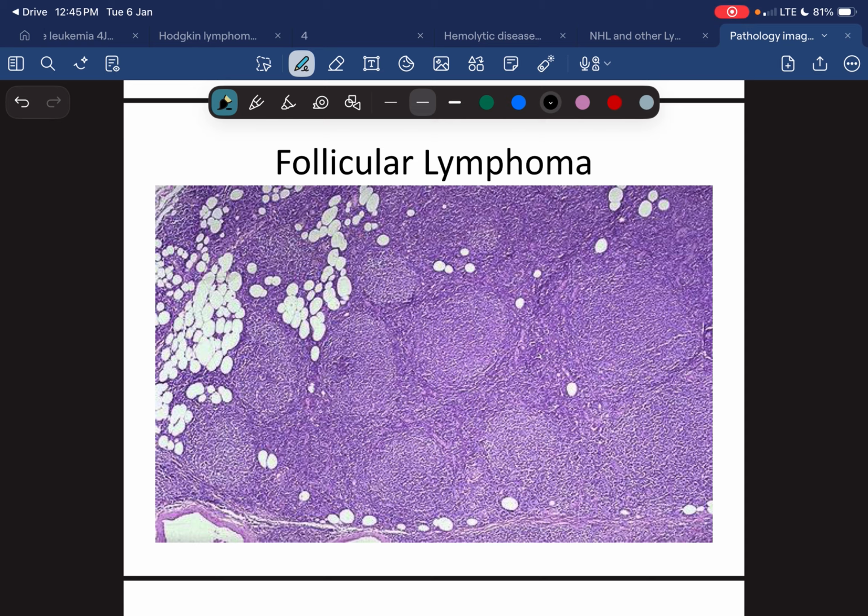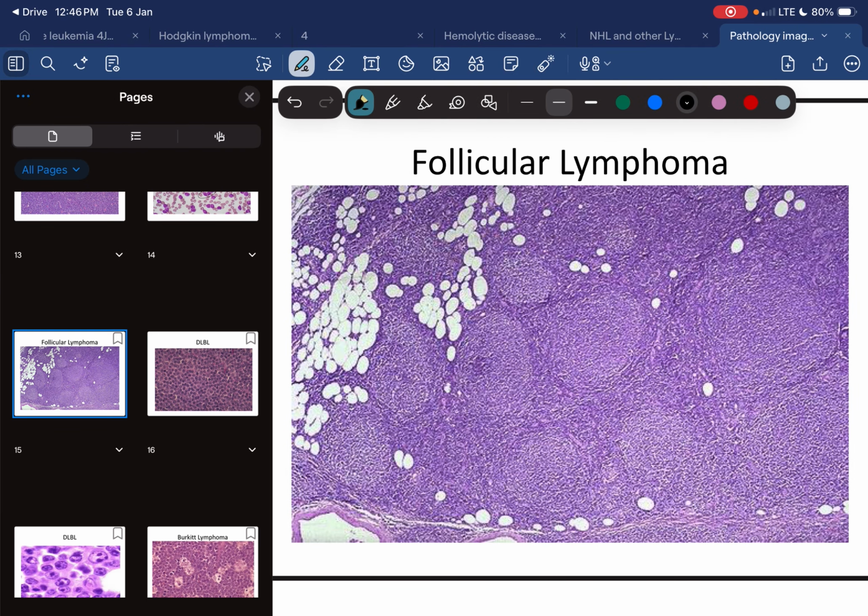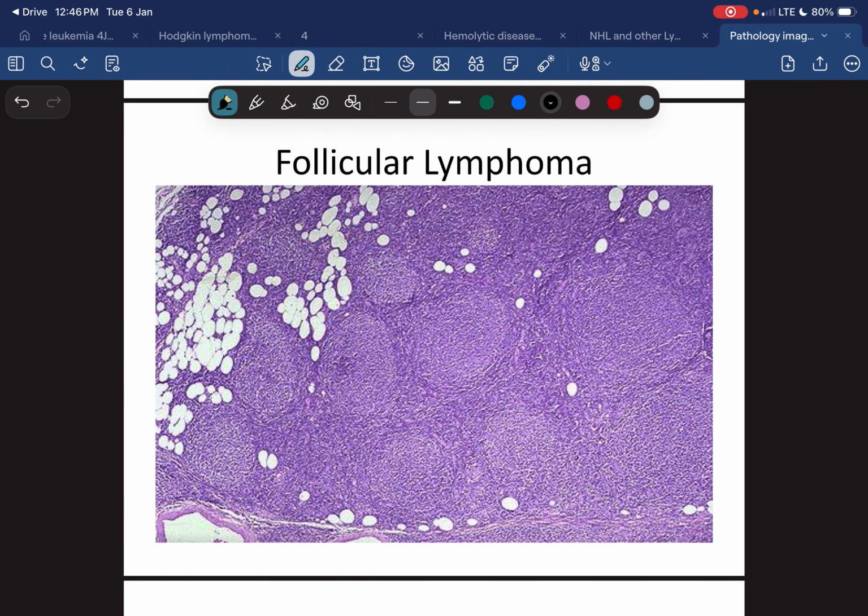We should have follicles in the cortex, then the paracortical space, then the medulla, and variation in the size of the lymphoid follicles. If it is follicular hyperplasia, it is a reactive process. While if the enlargement is due to infiltration by monotonous lymphoid follicles, this is involvement by follicular lymphoma.